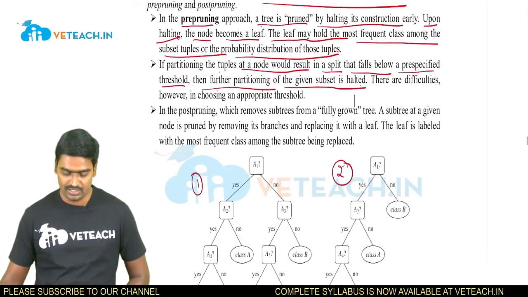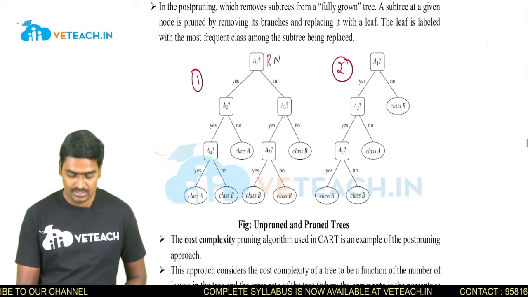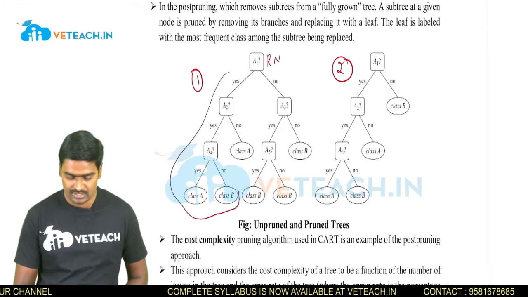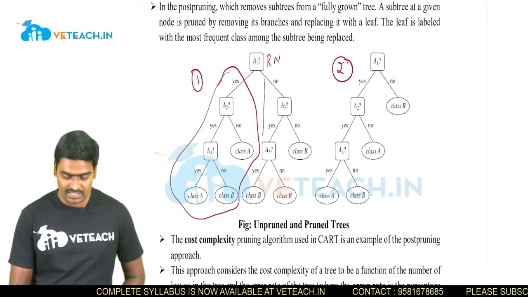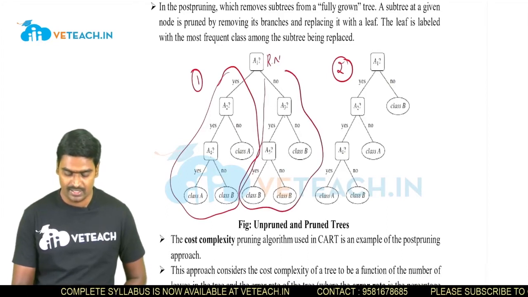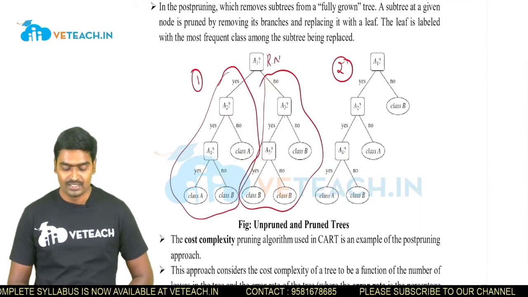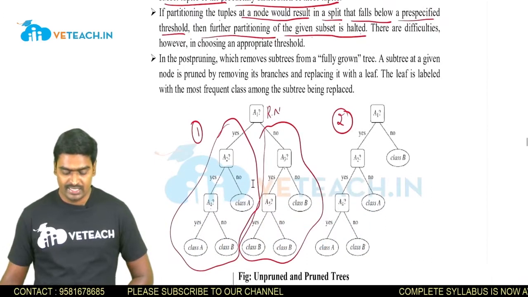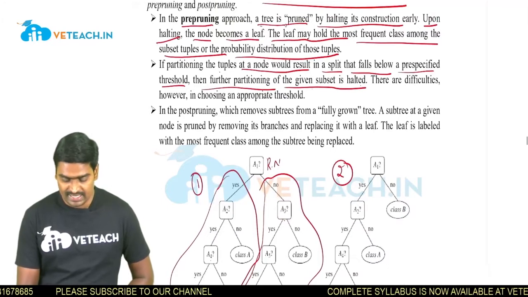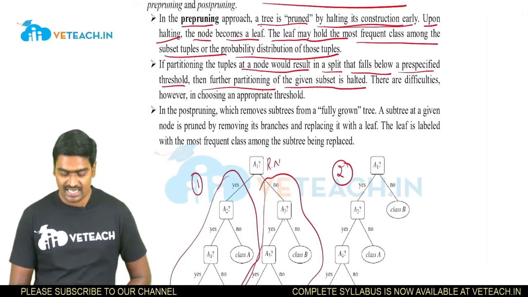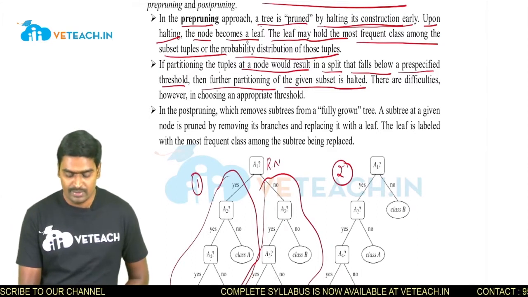For example, see this example. This is the root node. On the left-hand portion we can create the left subtree, and the right-hand portion I can divide into the right subtree. We can divide it into two parts. In the pre-pruning technique, a tree is pruned by halting its construction early, and then the node becomes a leaf.